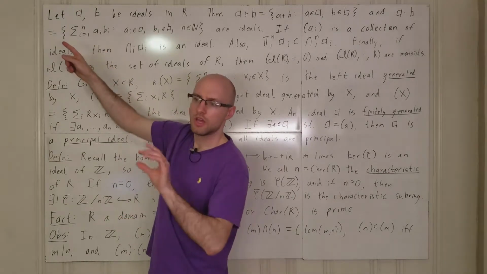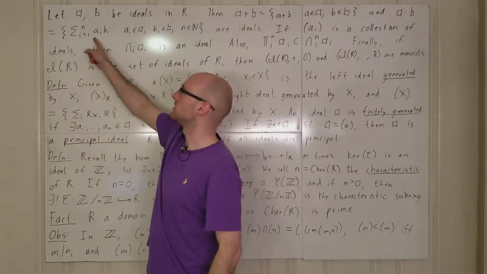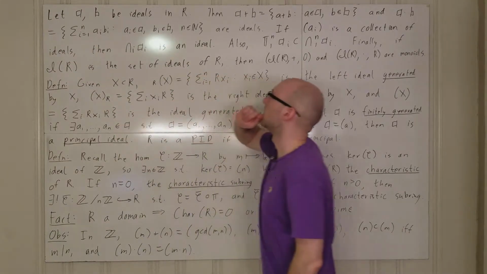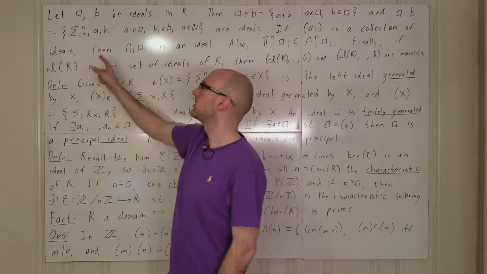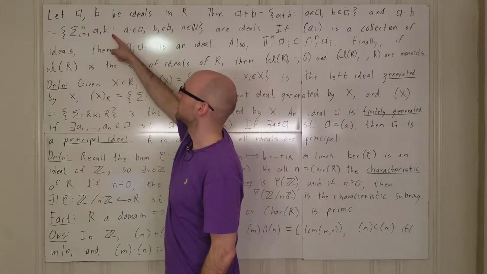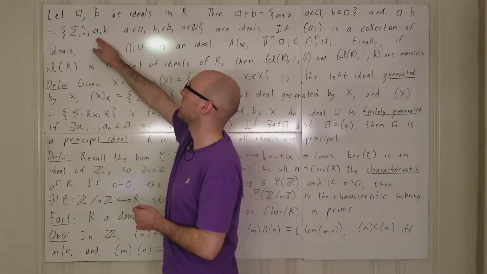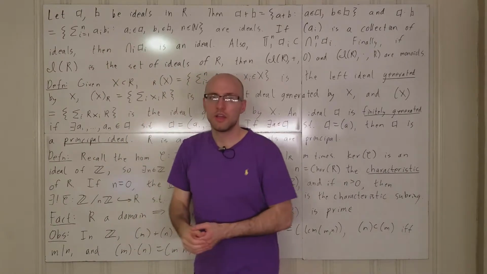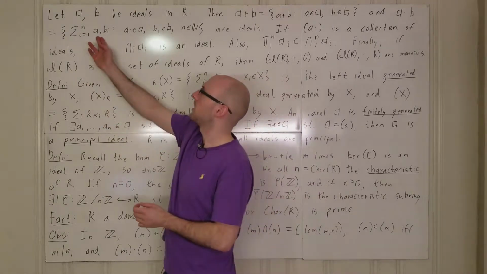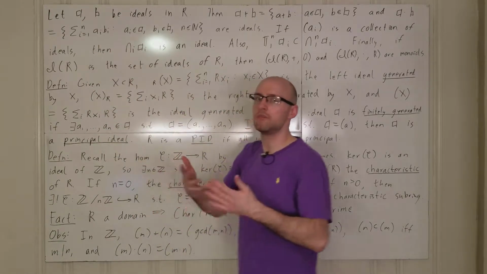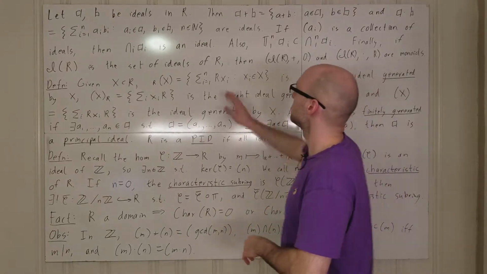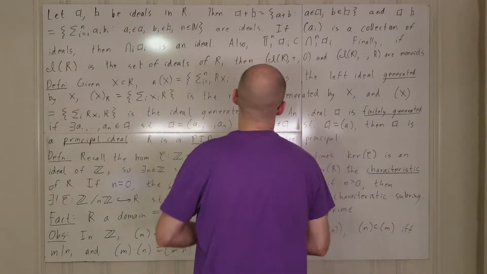So you can basically bring the r inside every single term here. But if you multiply on the right, the r comes here. So when you distribute it through, it'll be a_i times b_i times r. And then r times a_i will be in A because A is an ideal, and b_i times r will be in B because B is an ideal. So that's how we get that this is going to be an ideal.